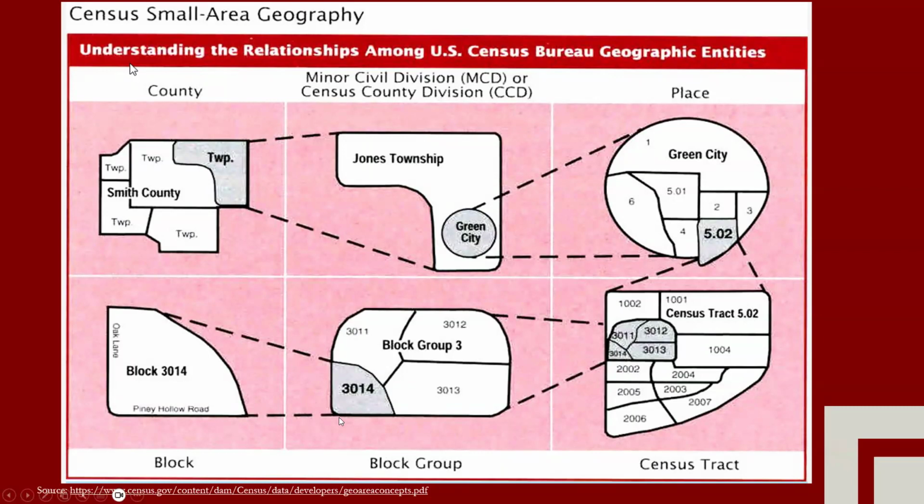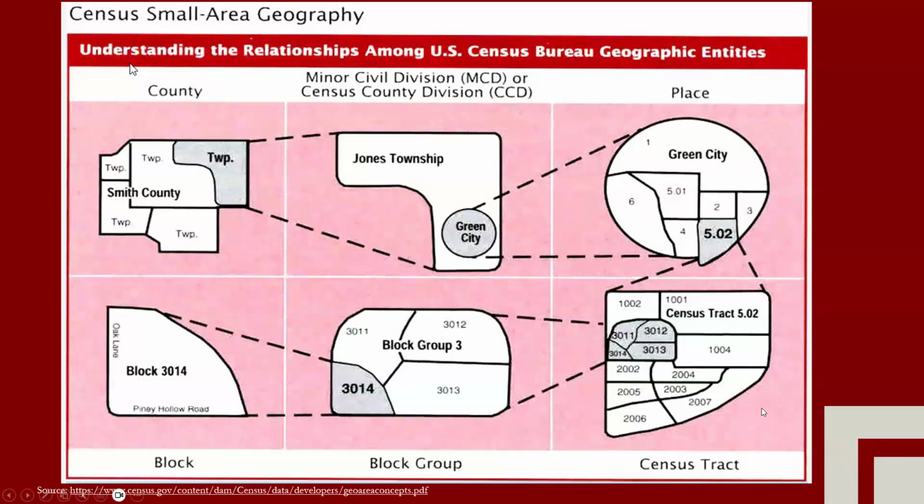A great example is a county that nests townships. Townships are very often nested within a county. And what the Census Bureau calls a place is very often cities and towns, so it's referring to a local government entity.